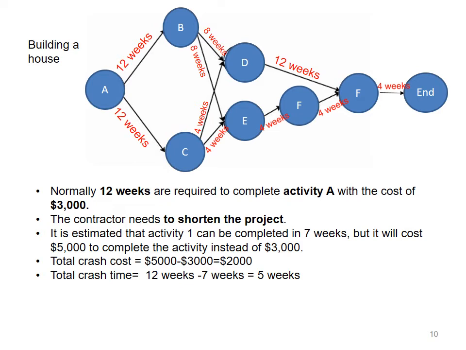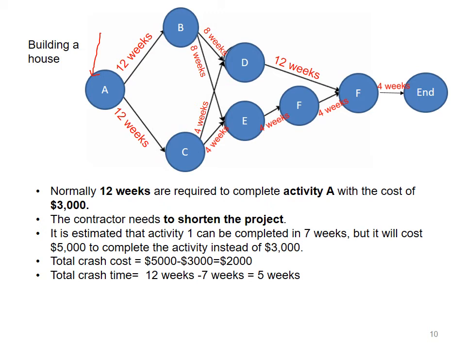Okay, here we have an example on a project to build a house in which normally it takes 12 weeks to complete activity A with the cost of 3,000. Okay, so ini adalah activity A lah. Okay, tempohnya ialah 12 minggu, costnya 3,000 normally.